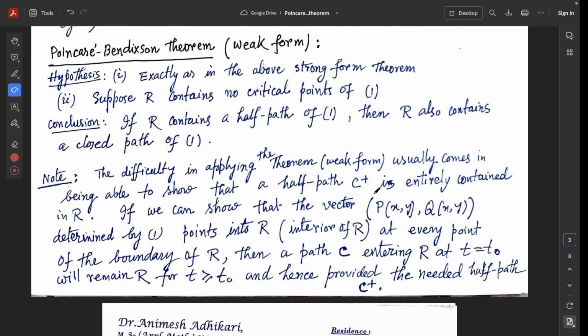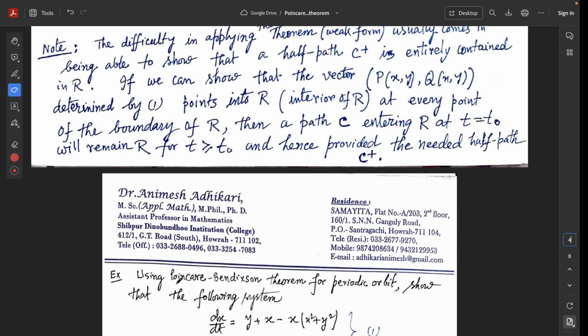So the vector PQ points into R at every point of the boundary of R. Then the path C, meaning trajectory C of the system, entering the region R at t equal to t0, will remain in this region R for time t greater than t0, as t tends to infinity. So all half paths exist in this domain R.